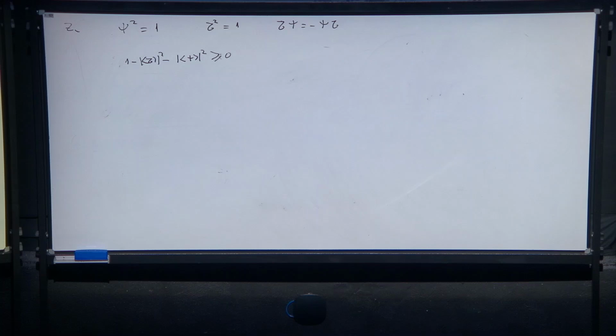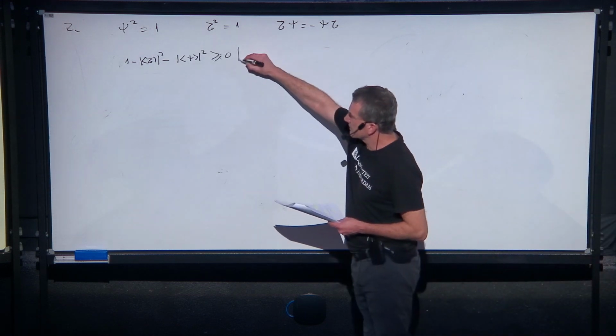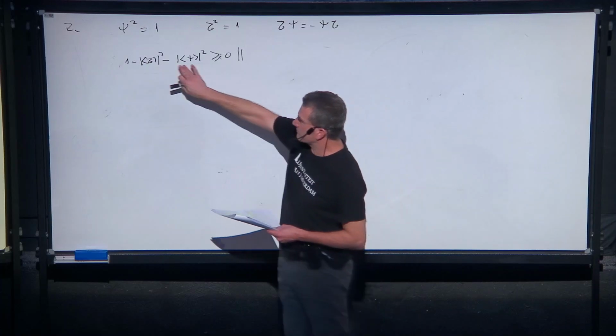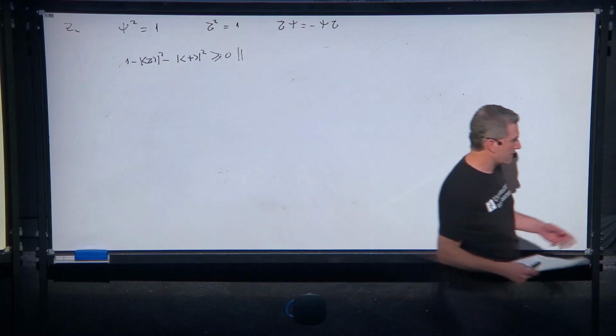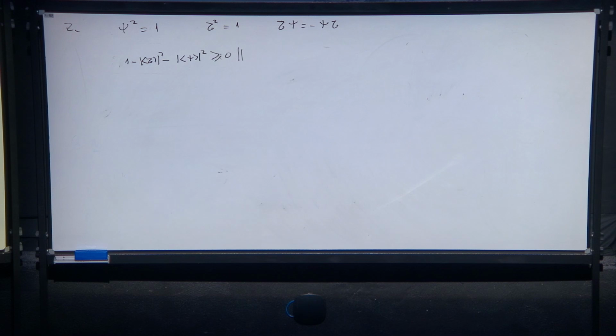So if one is very large, the other is small, and this somehow improves the uncertainty relation here, because if both were small, the sum would be very close to zero. That is not correct.